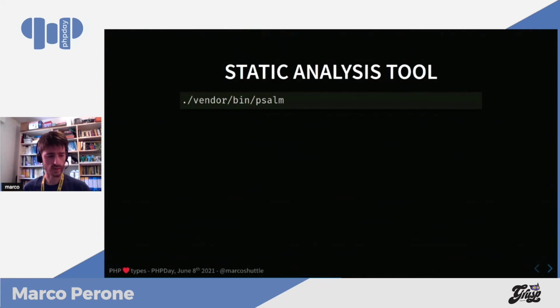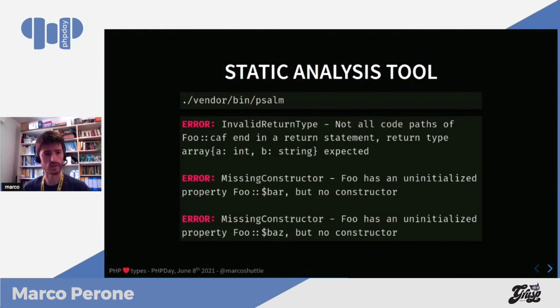What you will get back is a list of errors or failures, things that your application is not respecting. So what you see here is the list of errors regarding the code I showed you in the previous slide. It's saying that we had a method which had the return type declared, but it was actually not returning anything, and that we had two properties of a class, but they were not initialized in a constructor.